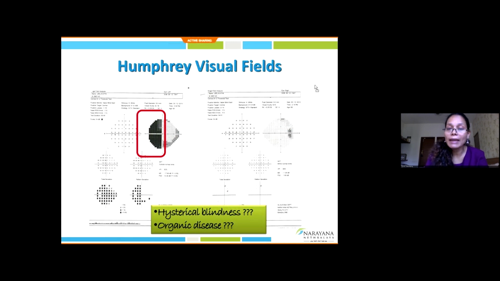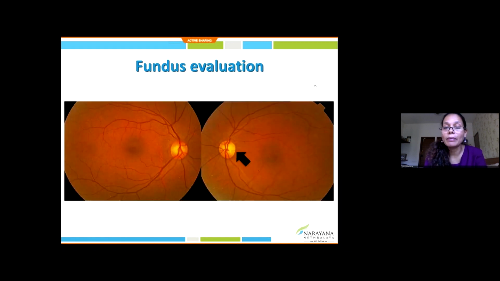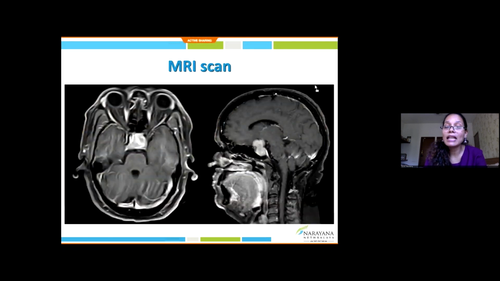So we went back and looked at the discs and noticed, yes, there is some amount of temporal pallor. So we cannot avoid that. Keeping that in mind, assuming this is a chiasmal problem, we went ahead, and you see the classical snowman type of tumor in the sella. This is basically a pituitary adenoma. So the patient was actually having a problem and was being treated as having some other disease like hysteria. So this is important.